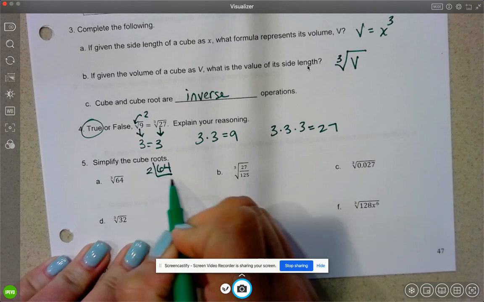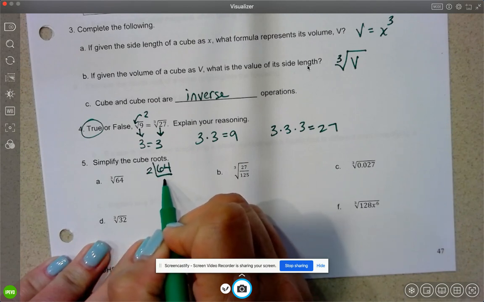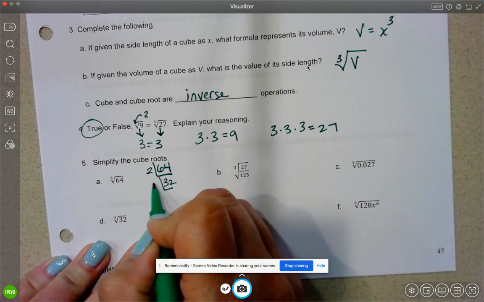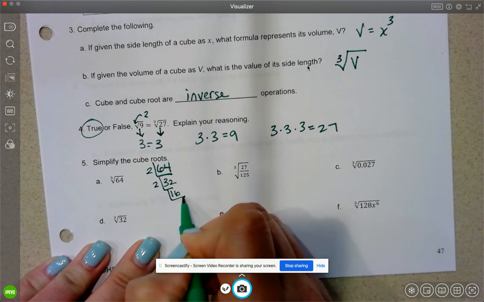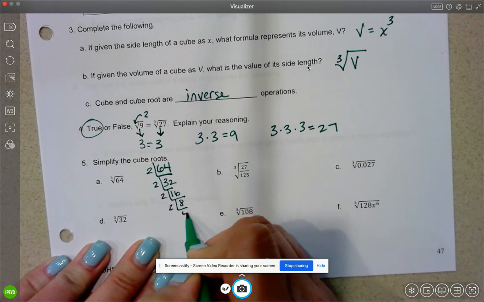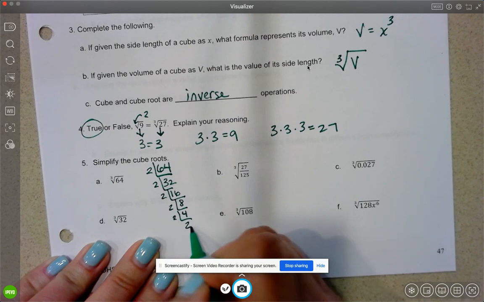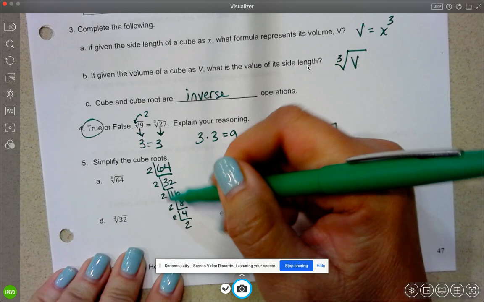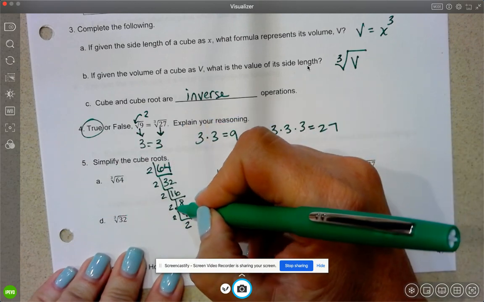So 64 divided by 2 is 32. 32 divided by 2, 16. 16 divided by 2, 8. 8 divided by 2, 4. 4 divided by 2, 2. Okay, so now instead of looking for pairs to take out, you're actually looking for groups of 3 because it's a cube root.